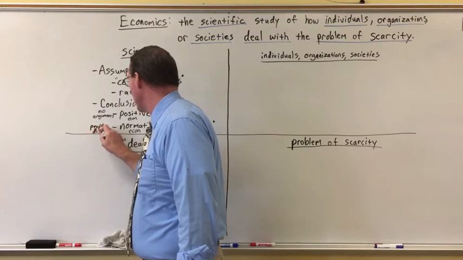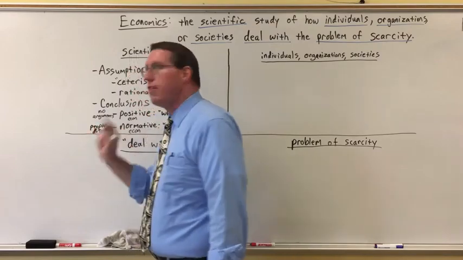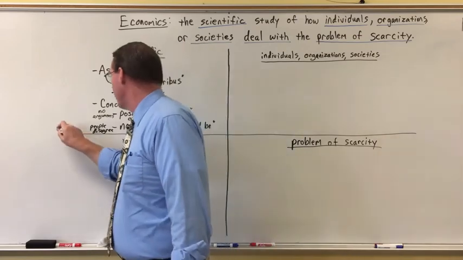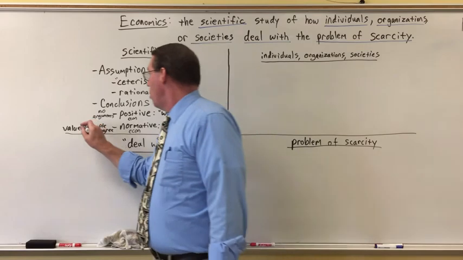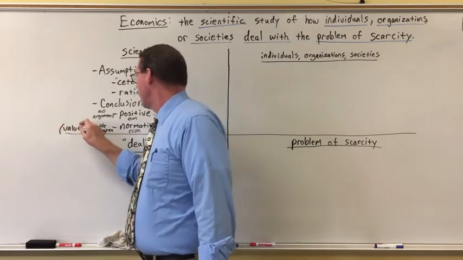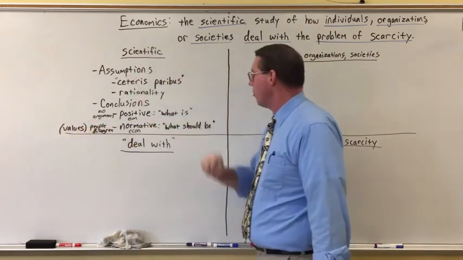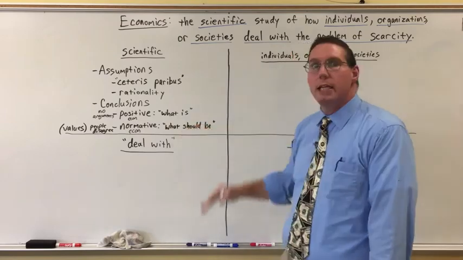People disagree over what that means we should do. People disagree because of their values, because of their value judgments, okay? So because of their values, people disagree on normative economics about what should be done.